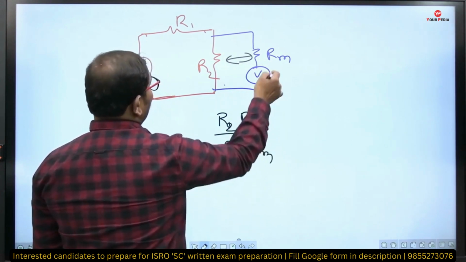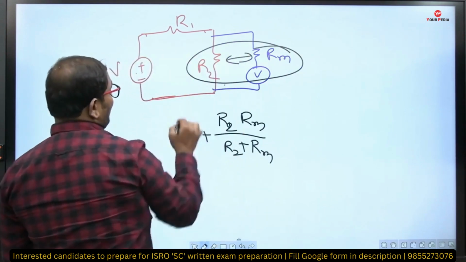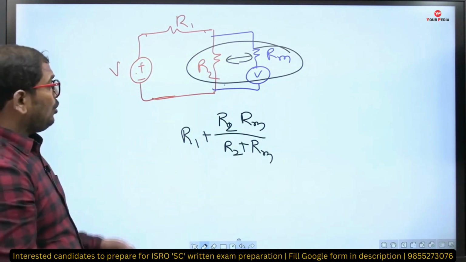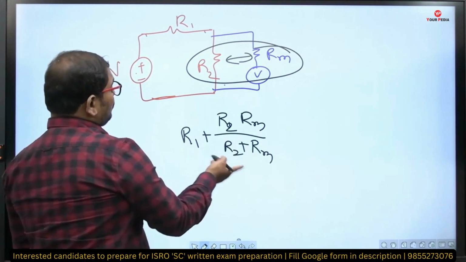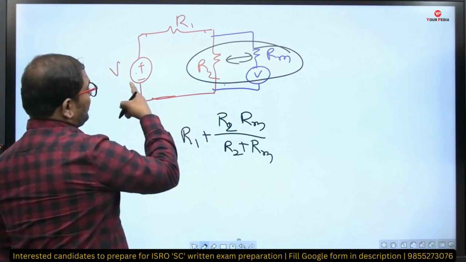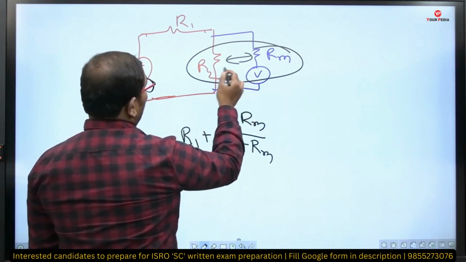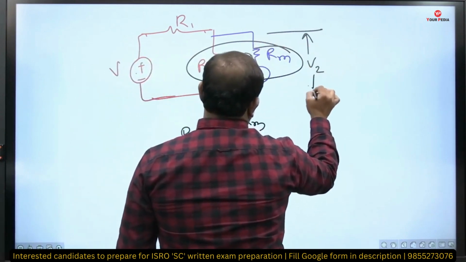This is the equivalent resistance of this combination, and this resistance must be added to R1 to get the total resistance. How will we get the value of this voltage? How will we measure it? It will be equal to the voltage across this entire combination, which is your new voltage.